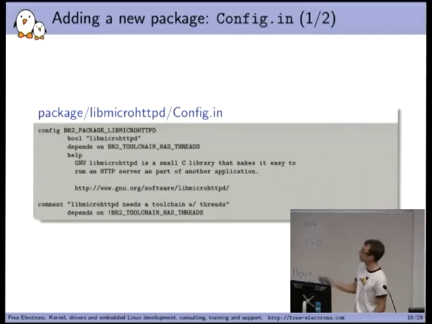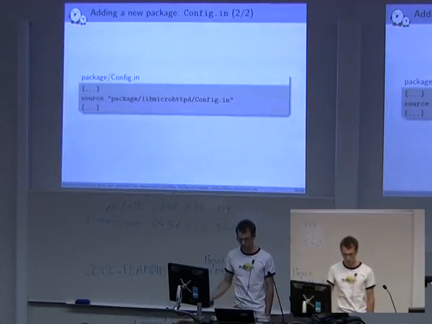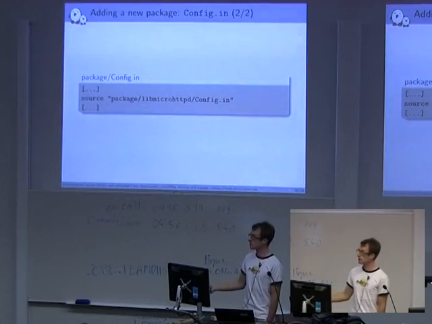Once this is done, and obviously this should be done in a directory that's named after the package, so package/libmicrohttpd/Config.in. Once you've done that, you need to go to the upper level Config.in, which includes all the Config.in files for the different packages, and add a new include. So it's source and the name of the file we just created before. So that's the easy part.